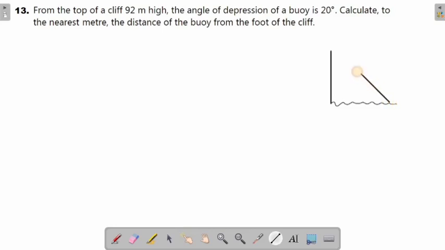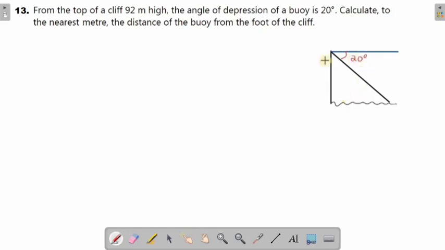Now if you look at the buoy, then the angle of depression is given. So for depression I need to draw a parallel line, remember. So the angle of depression here is this one. This angle of depression is given to be 20 degree.